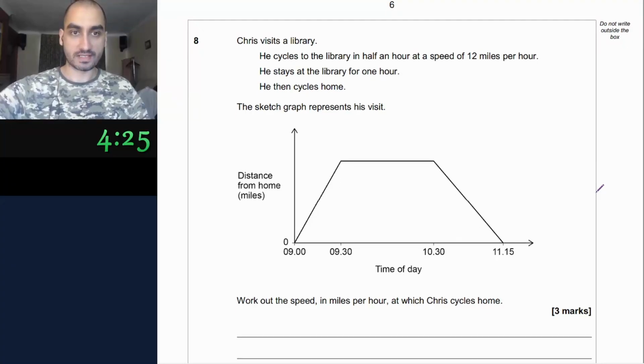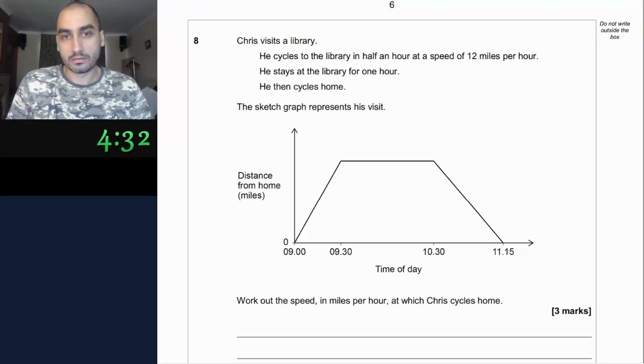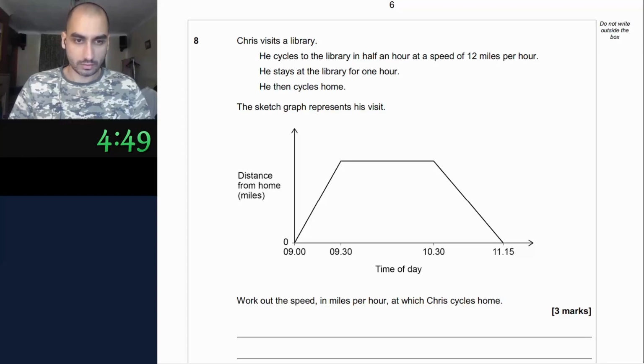All right, Chris visits a library. He cycles to the library in half an hour at a speed of 12 miles per hour. He stays at the library for 1 hour. He then cycles home. The sketch graph represents his visit, so that's his displacement versus time. Work out the speed in miles per hour at which Chris cycles home. What? Okay, fine.